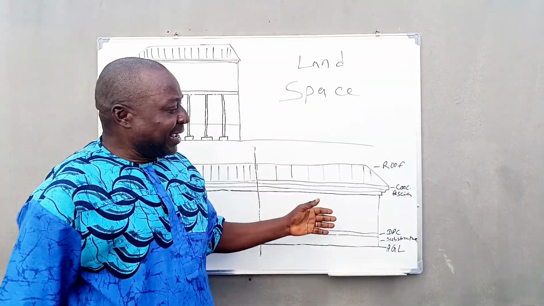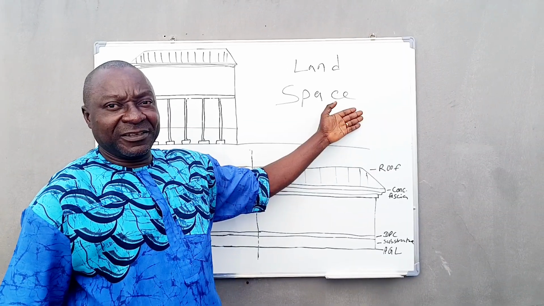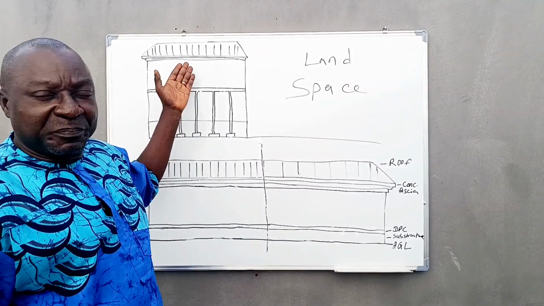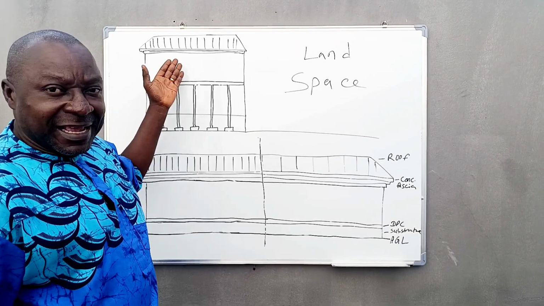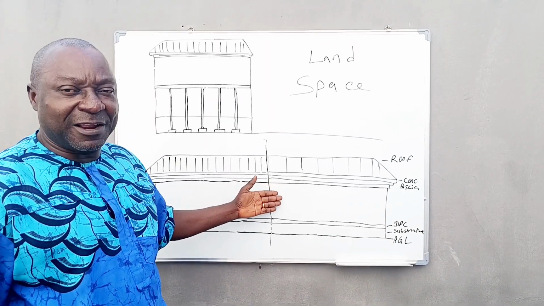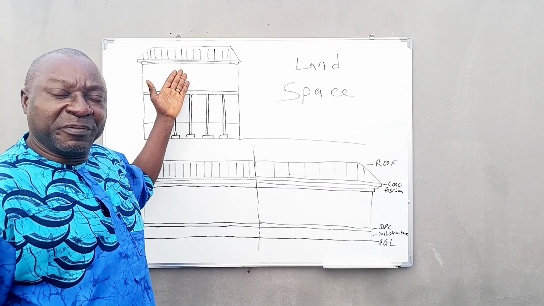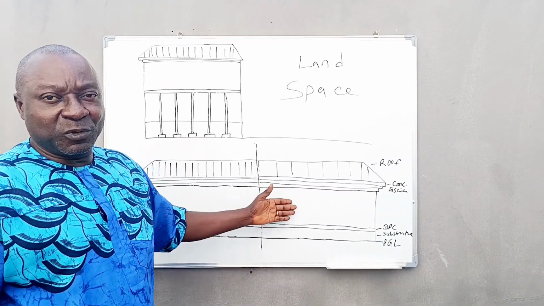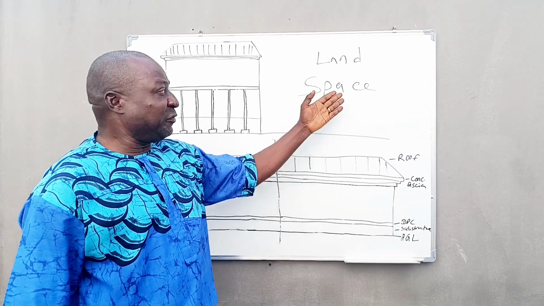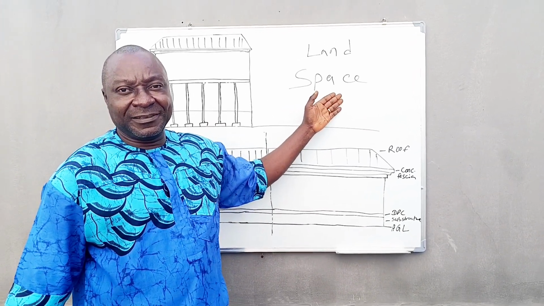And then you have space. You have enough land space. So the cost of building a duplex is the same as the cost of building its equivalent bungalow. It's more economical doing a duplex than doing a bungalow in terms of its equivalence, because you also have land space. Thank you.